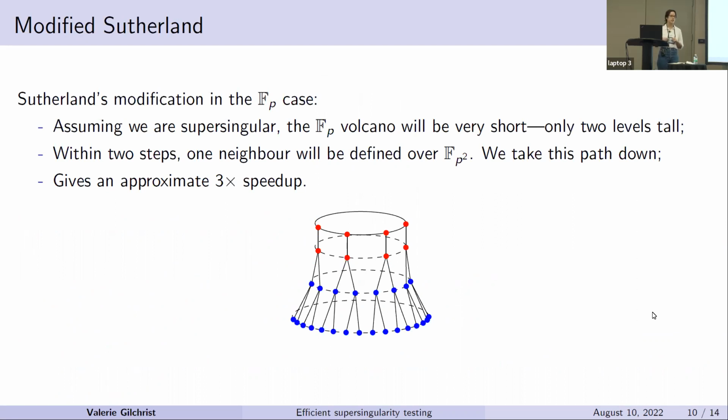Once we find a neighbor that's in FP squared, this will necessarily be a path that is descending down. And so we can actually abandon the other 2 paths because we know we're not going to get stuck in the crater. If we don't find a neighbor within 2 steps, it's because the FP portion is bigger, and so we're in an ordinary volcano, and so we could terminate anyway. So because we only have to follow 1 path down, basically within 2 steps, this ends up giving us a 3 times speed up.